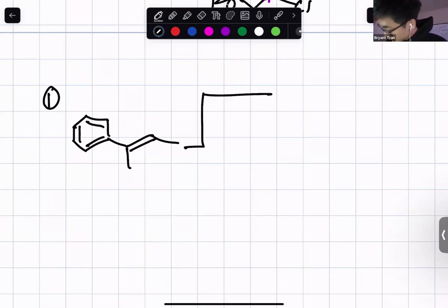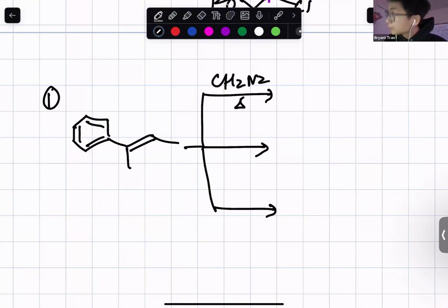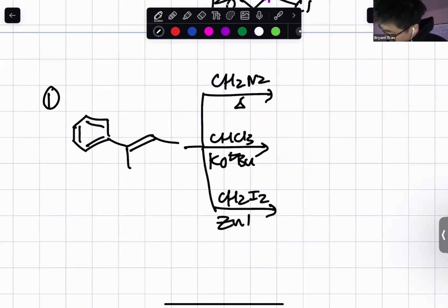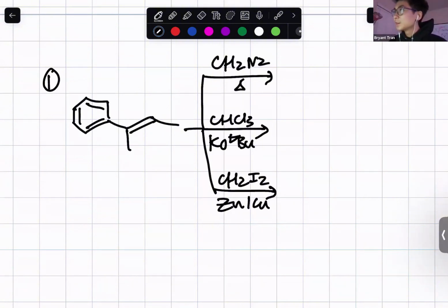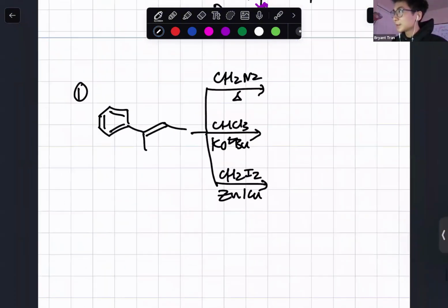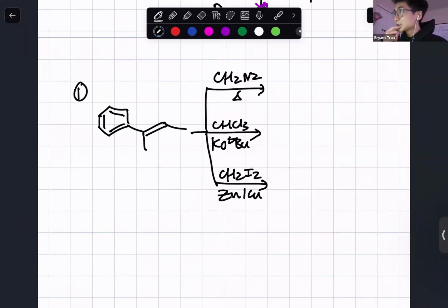Okay, that's one. Another one is going to be hydrates like this.